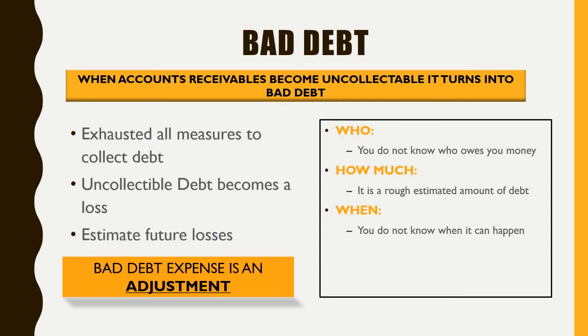So once again, when we look at utilizing the bad debt expense account, it's when, one, we don't know who, we don't know when, and we don't know how much. So this is where we make an estimated amount, and this usually happens at the end of a given period, right? Typically this happens at the end of the year. But of course, you could also do it on a month-to-month basis, especially for major corporations such as Walmart.